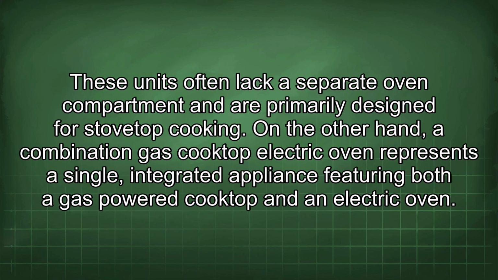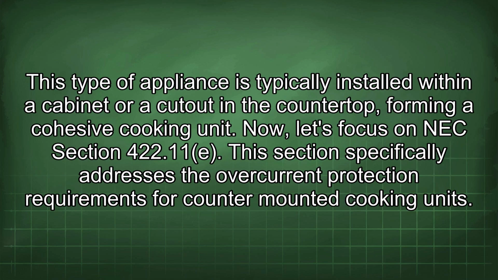These units often lack a separate oven compartment and are primarily designed for stovetop cooking. On the other hand, a combination gas cooktop electric oven represents a single, integrated appliance featuring both a gas-powered cooktop and an electric oven. This type of appliance is typically installed within a cabinet or a cutout in the countertop, forming a cohesive cooking unit.